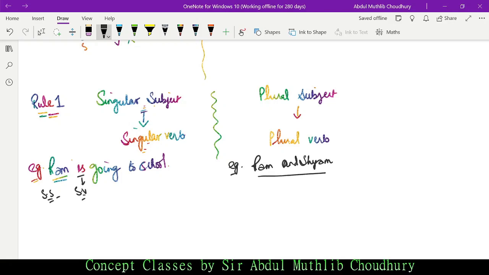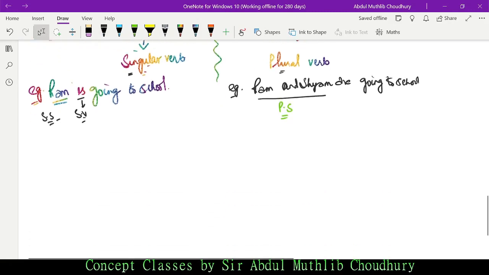Ram and Sham are a plural subject, therefore this will be followed by a plural verb. Ram and Sham are going to school. I hope I am clear with these two basic rules: singular subject is followed by singular verb and plural subject is followed by plural verb.